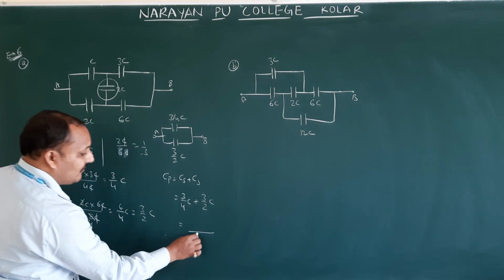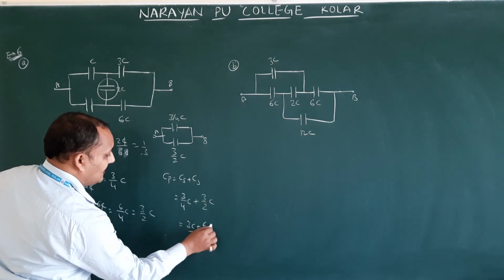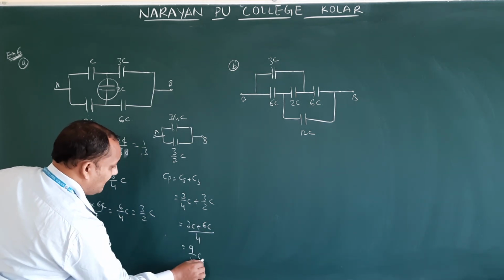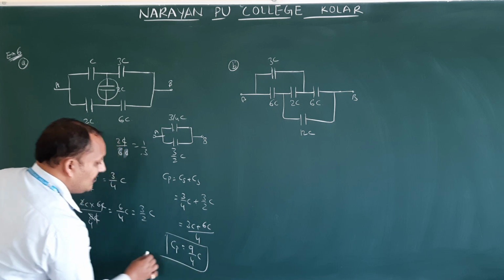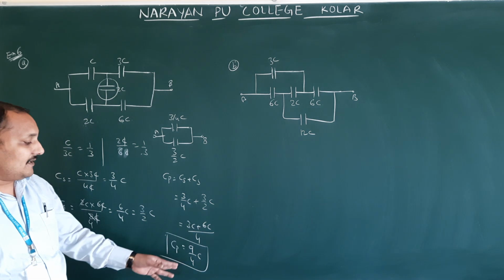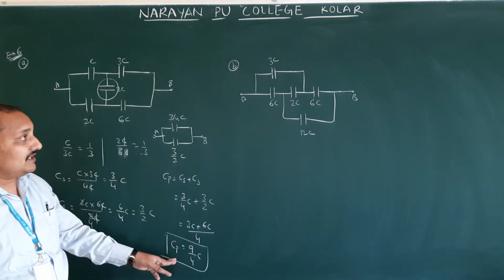The denominator is 4, 3C plus 6C, so 9 by 4C. So this is the resultant capacity between A and B. You got the same answer. Even if a different answer came, this is the only correct one.